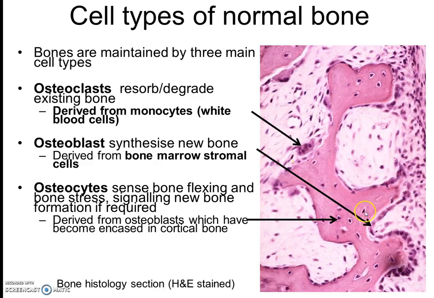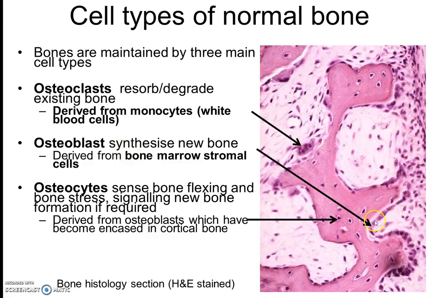Embedded within those are osteocytes. We'll come back to them later. This large cell is an osteoclast. It's a white blood cell derived cell, and it's multinucleate, so it's got several nuclei because it's several cells fused together. There's another one, and its job is to eat away at bone where bone remodeling is required. We've got the osteoblasts.